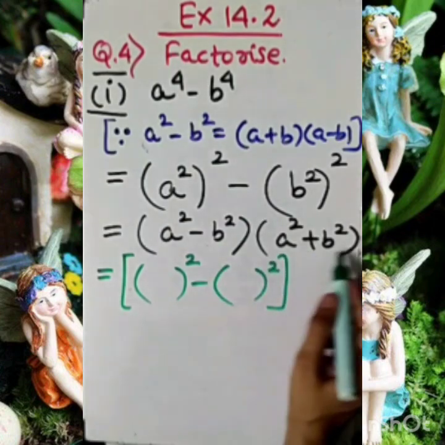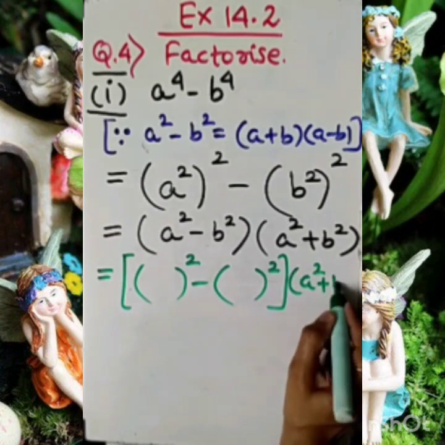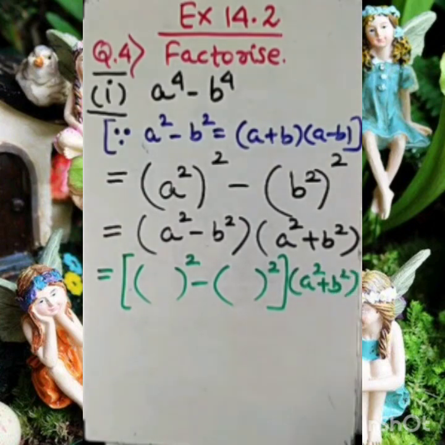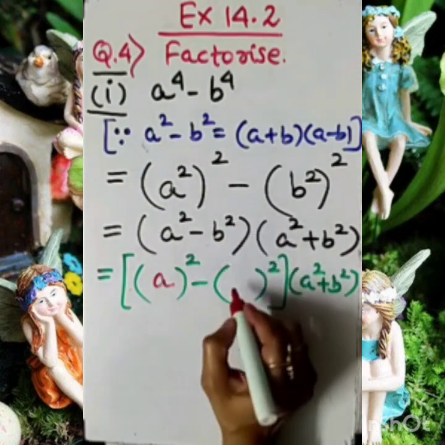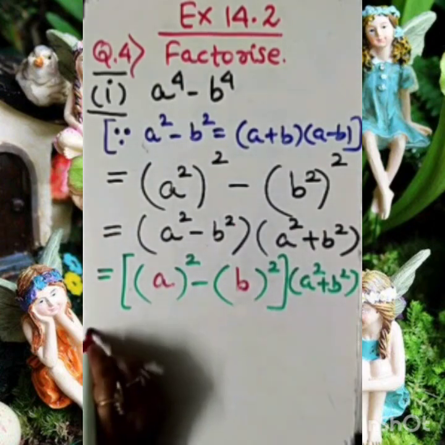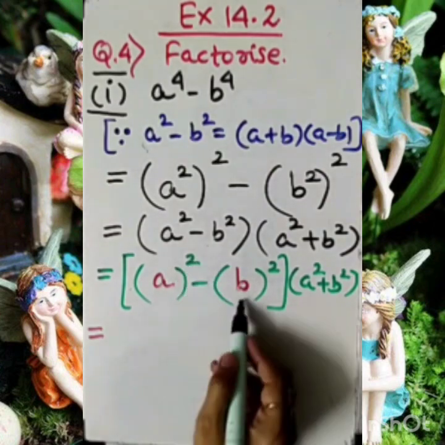This term remains as it is, a square plus b square. Don't touch it. Now here you can see this is the square of a and this is the square of b. So the next step is a square minus b square.